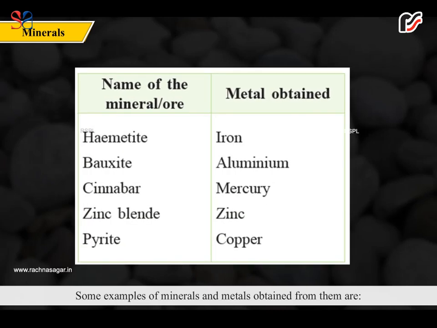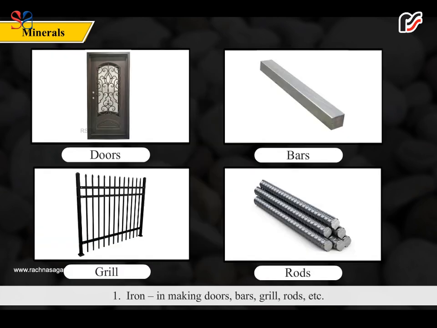Some examples of minerals and metals obtained from them are: name of the mineral or ore, metal obtained. Hematite, iron. Bauxite, aluminium. Cinnabar, mercury. Zinc blende, zinc. Pyrite, copper. Some uses of these metals. Number 1.